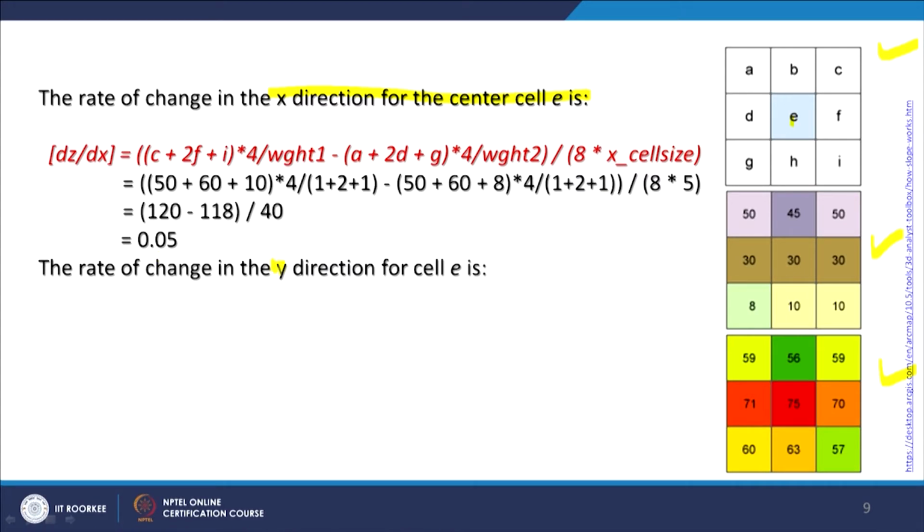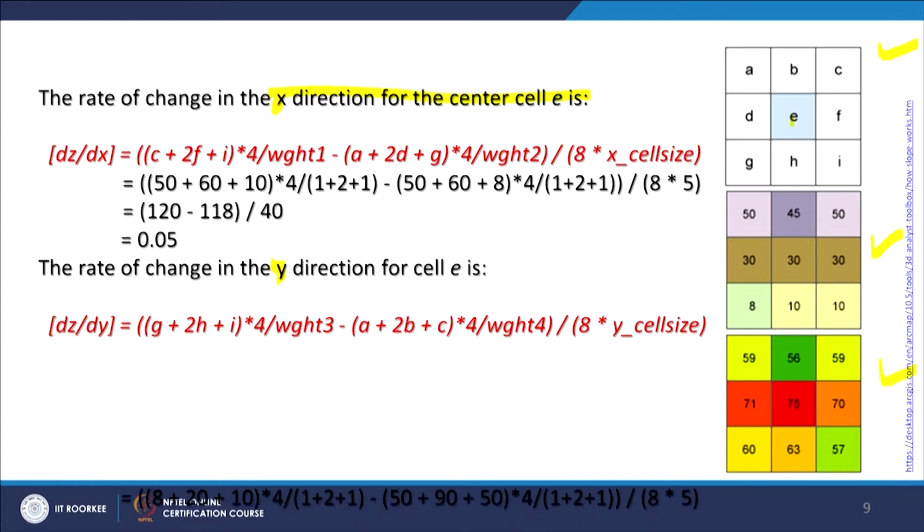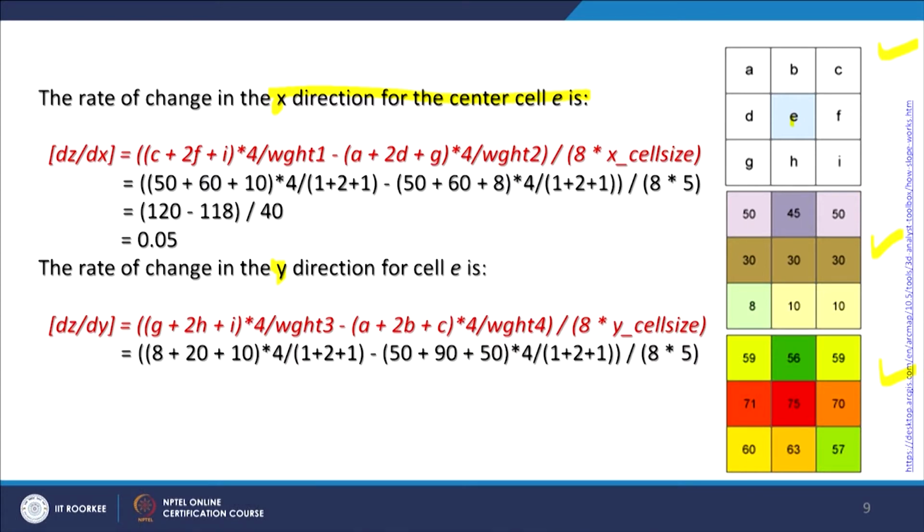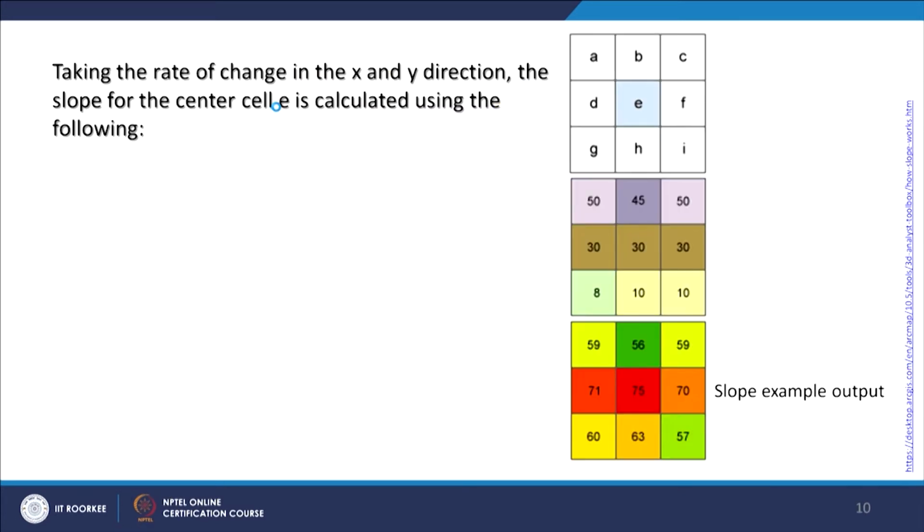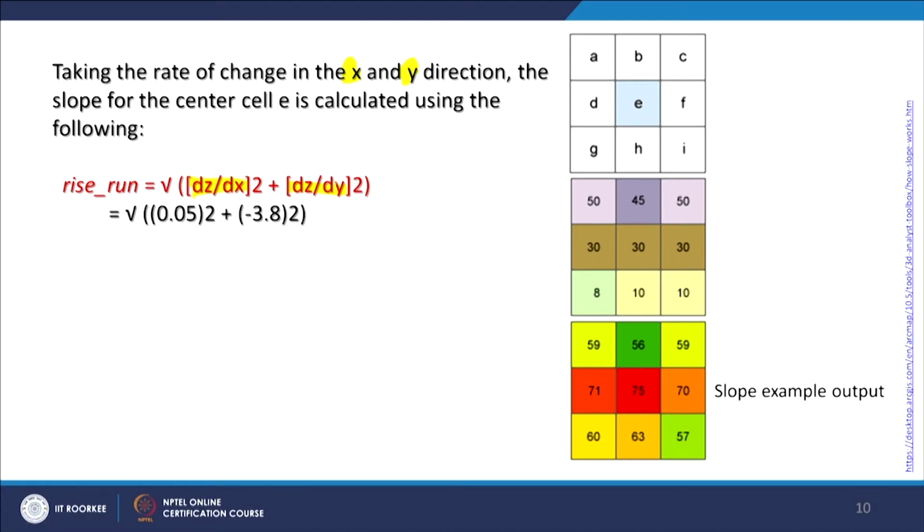Now in the y direction, that was for the x direction, for the y direction similar calculations will be done, and if I substitute these values I get minus 3.8. So, taking x and y directions together, the slope of the center cell is calculated using the following formula. I am bringing the x direction and the y direction, same concept, rise over run.